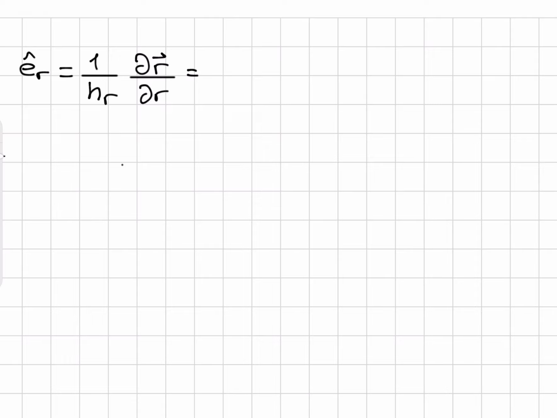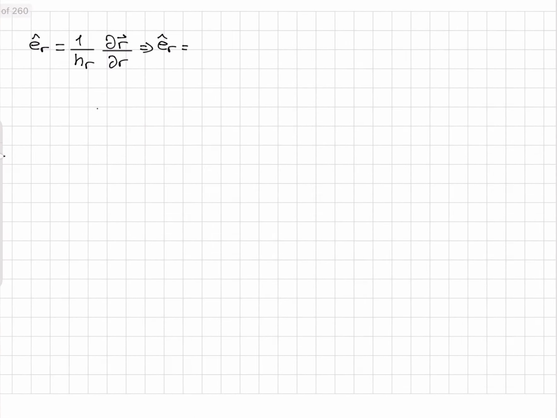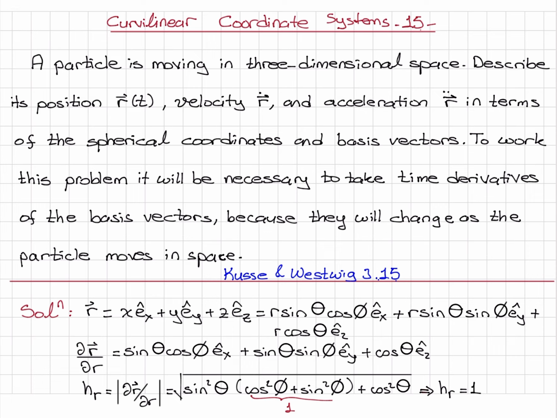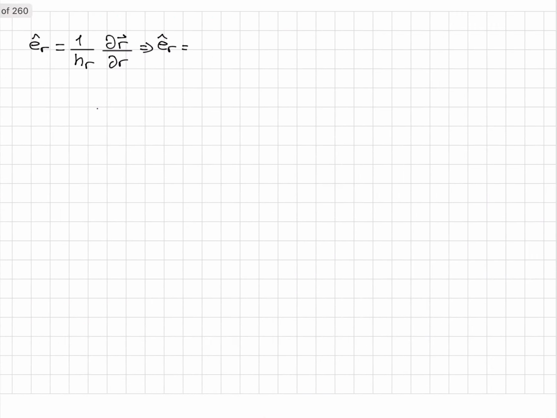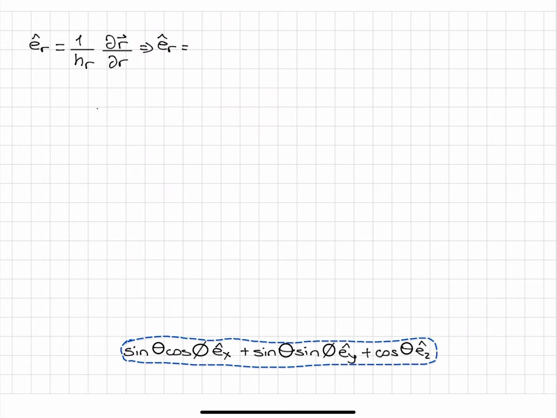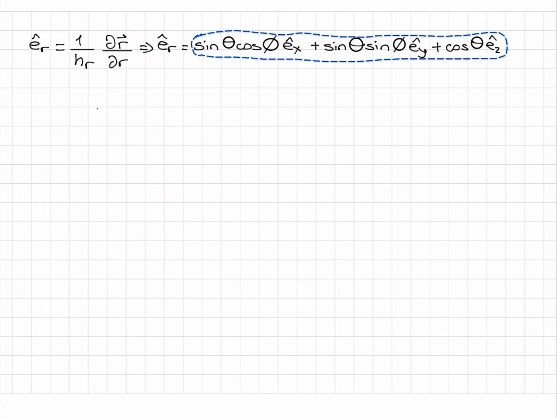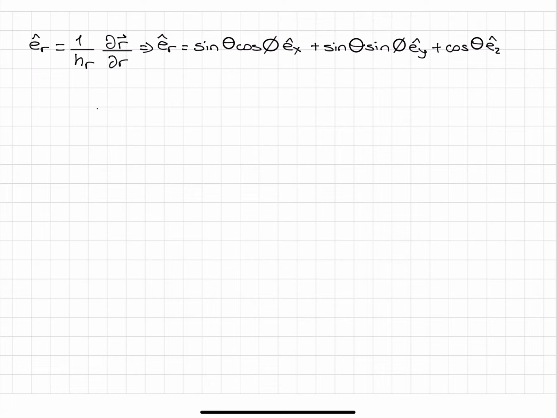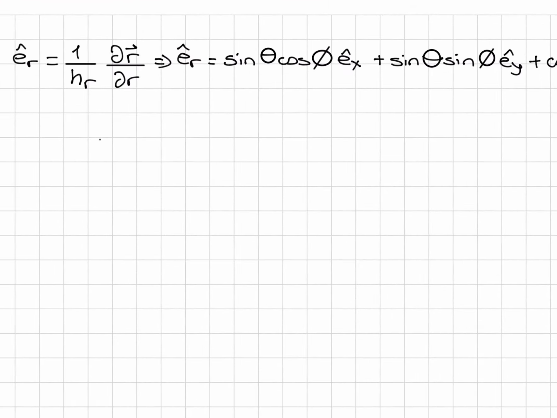So since I'm just dividing it by 1, I can write my er hat unit vector, and it's exactly equal to this because I'm just dividing it by 1. Okay, so that was the unit vector er hat.